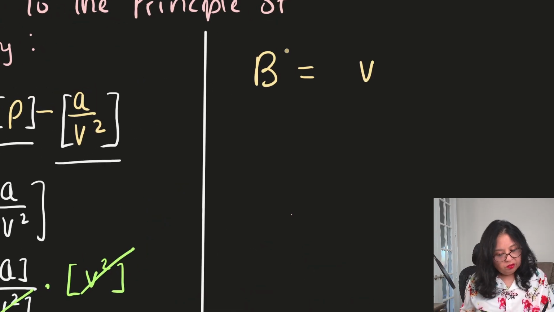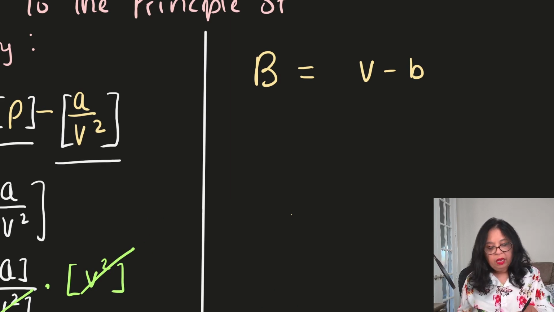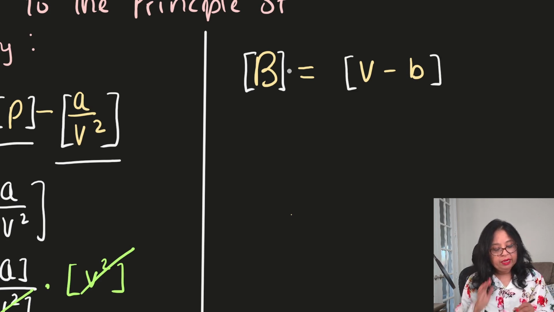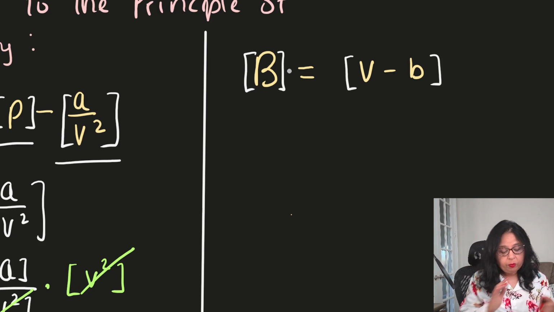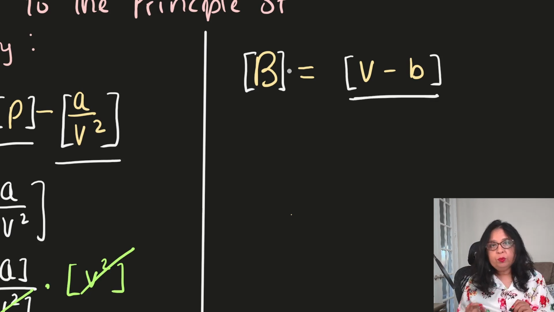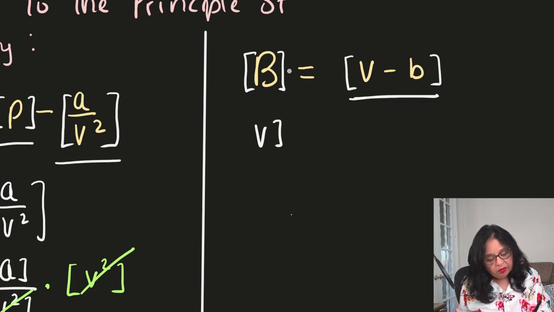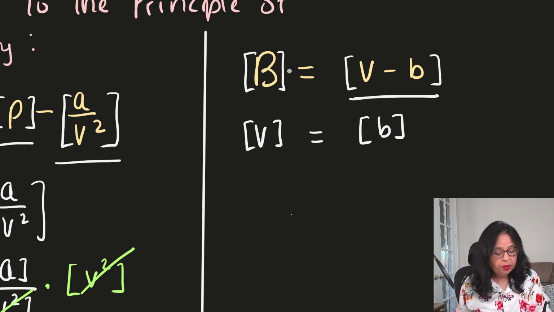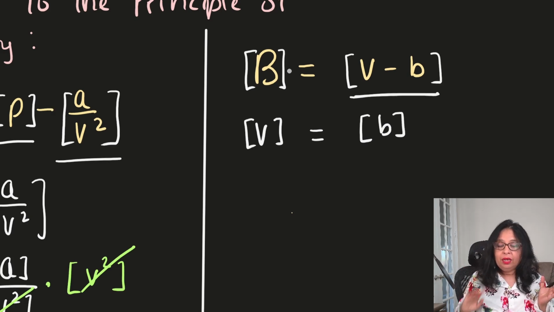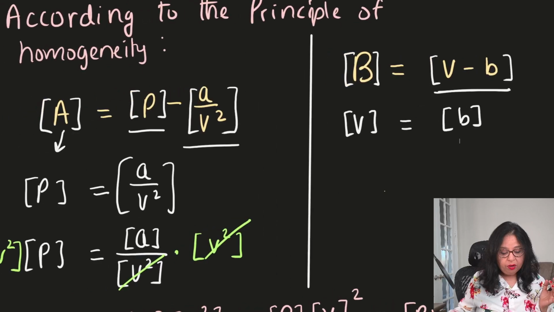It equals V minus B. Again, utilizing the principle of homogeneity, we'll say that the dimensional formula for B is the same as the dimensional formula on the right-hand side, which is V minus B. Applying the principle of homogeneity to this expression V minus B, we will say that the dimensional formula for V, the volume, is the same as that of B. And then that is it. Here we got the dimensional formula for B.